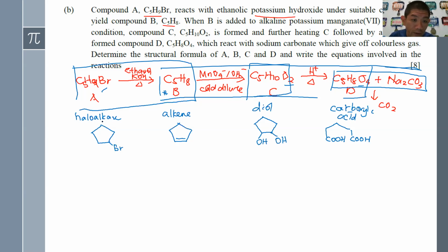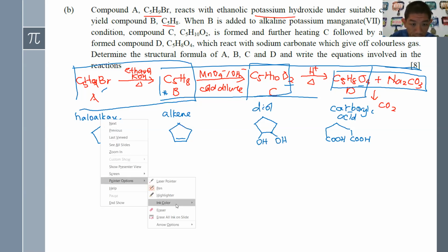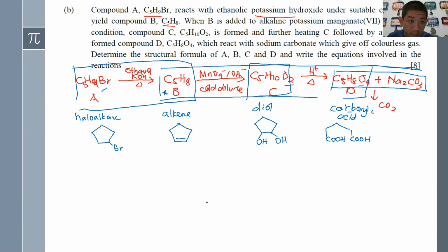So you must know by yourself that this is a CH2. This is also CH2. This is CH. This is CH2. This is CH2. So C5H9Br. Then this is CH2, CH2, this is CH, this is CH, and then this is CH2.